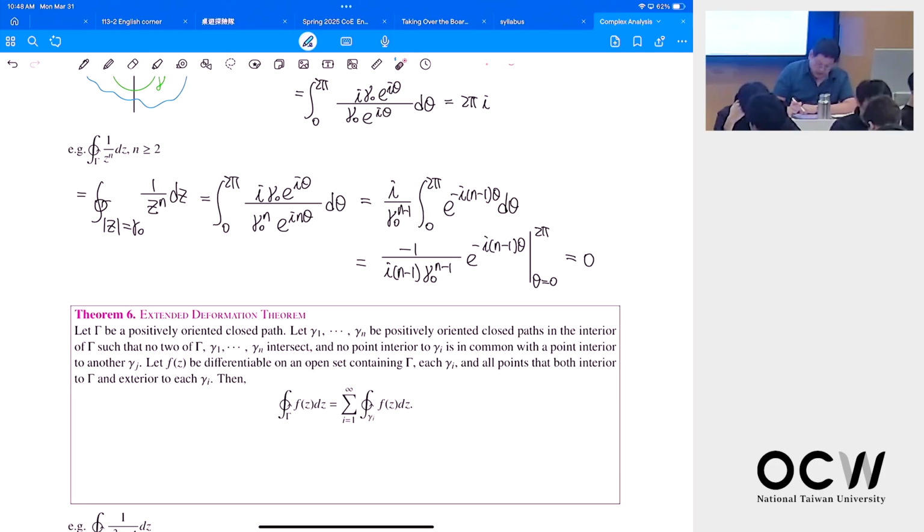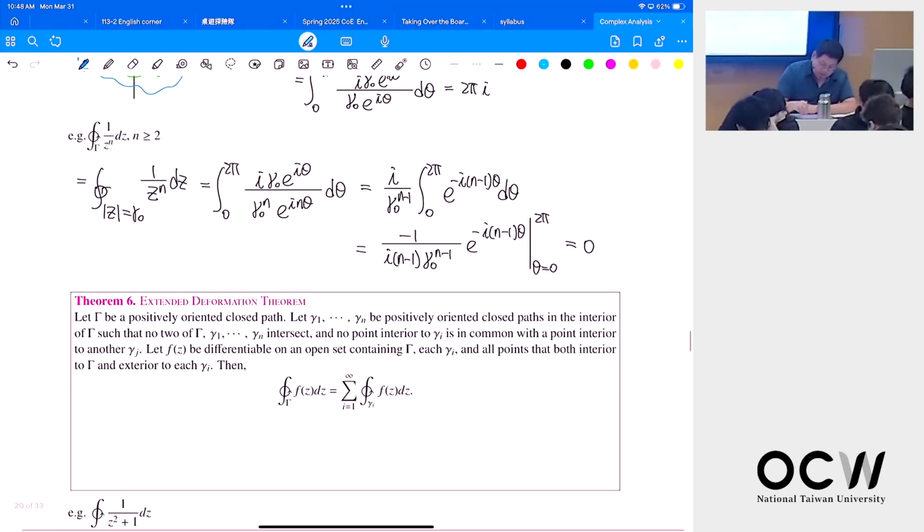Then to do the integration, we just sum all the smaller circular integrations with respect to the smaller closed curves or closed paths gamma 1 to gamma n.